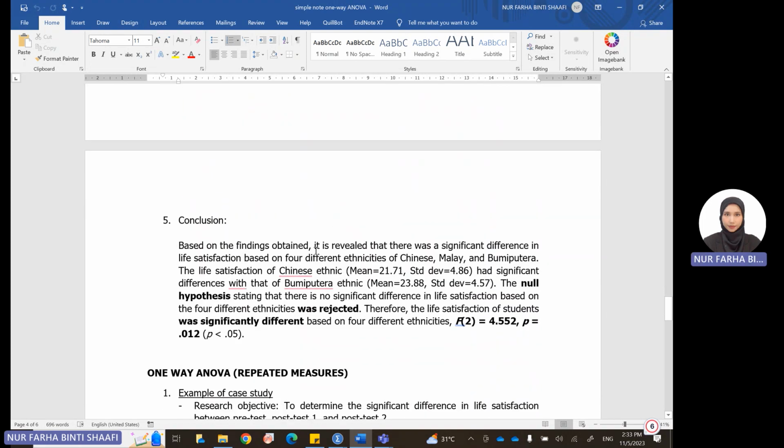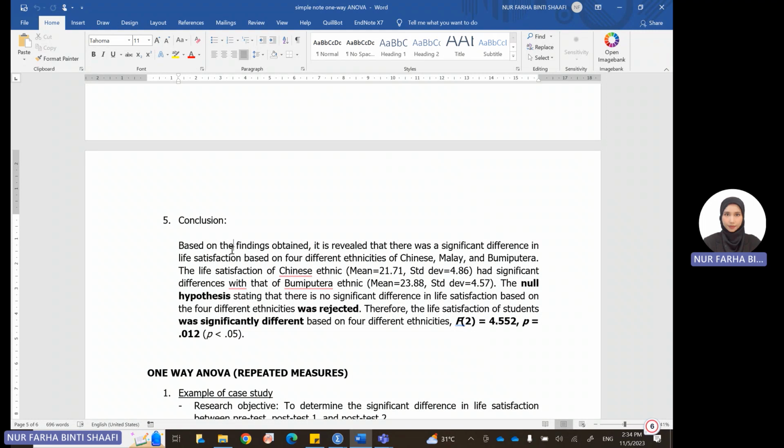All right, for your conclusion for the post-hoc test, you write as shown just now. Based on the findings obtained, it is revealed that there was a significant difference in life satisfaction, kepuasan hidup, based on the different ethnicities. Okay, what are your ethnicities just now? Chinese, Malay, and Bumiputra. The life satisfaction for Chinese ethnic, you can state the mean and the standard deviation. Where can you get this value?